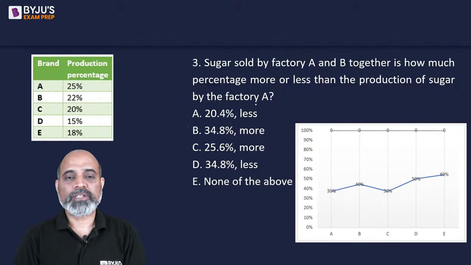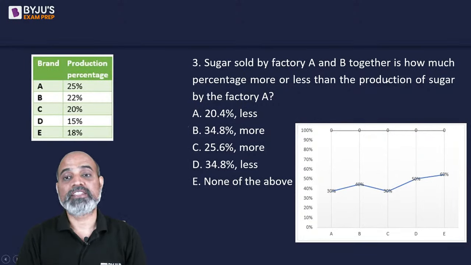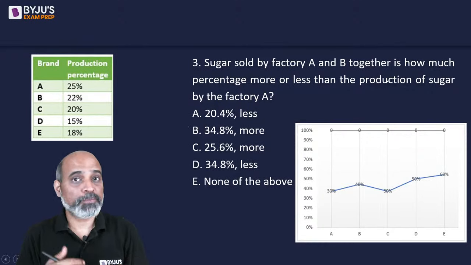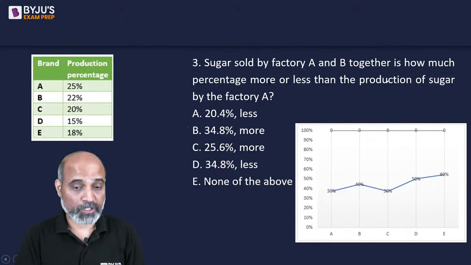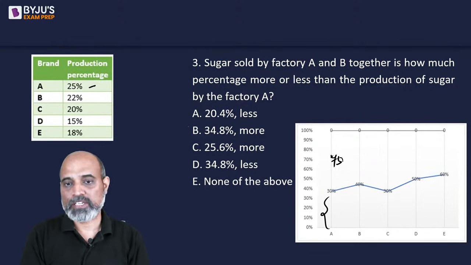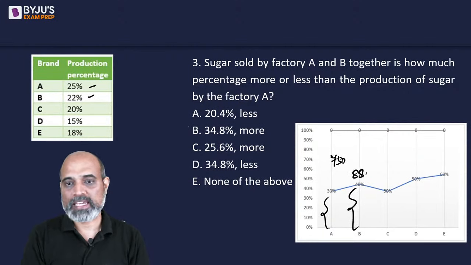Let's look at question number 3. Sugar sold by factory A and B together is how much percentage more or less than the production of sugar by factory A? So this is related to percentage. Again, we don't need that 5,000. We can straight away go and calculate 25 into 30 is 750. So that's A. If you look at B, this is 40 into 22, which is 880.